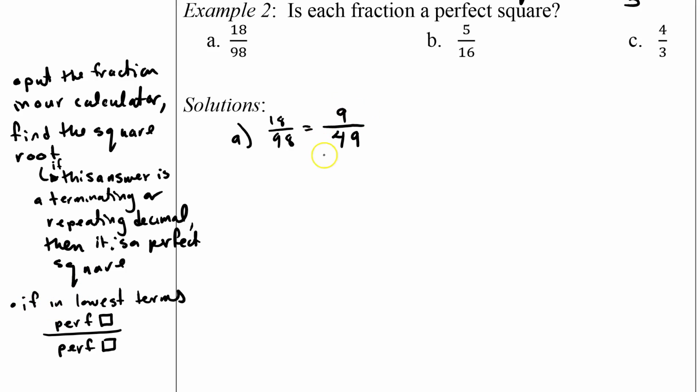In lowest terms, if you have a perfect square over a perfect square, well, 3 squared is 9, so that's a perfect square. 7 squared is 49. So you have a perfect square over a perfect square, so yes, perfect square.